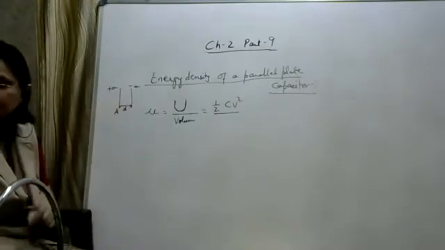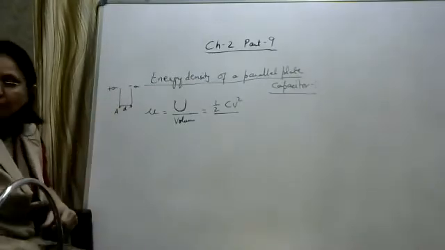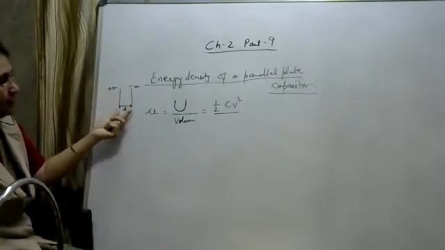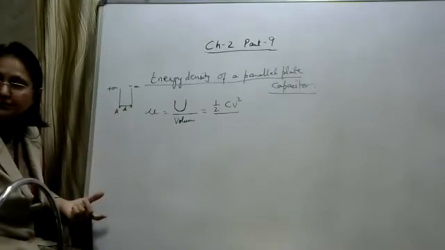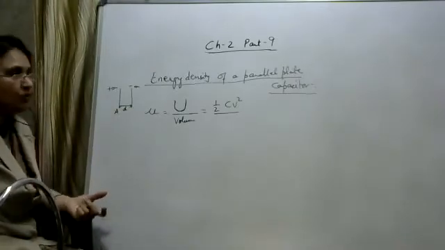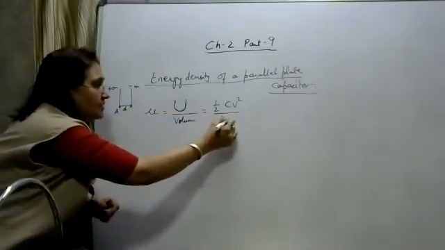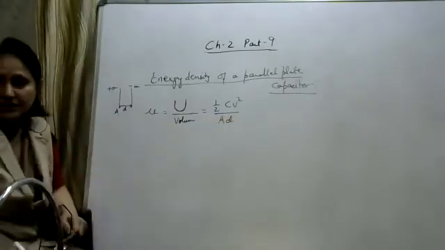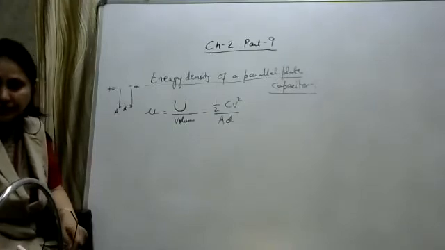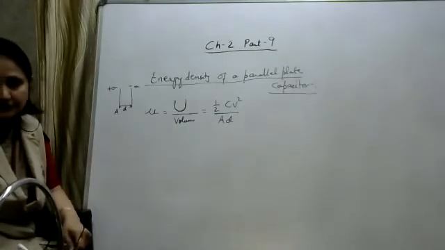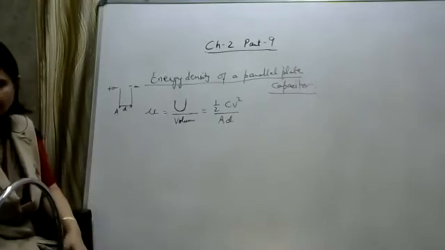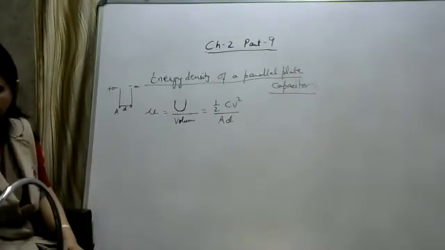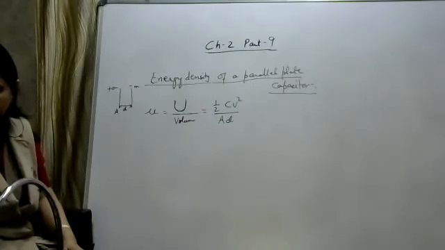Let the area of the plates be capital A. So what is the volume of this capacitor? Volume will be equal to the area of the plates into the distance between the two plates. So the volume of the capacitor is A into D, where A is the area of the plates and D is the distance between the plates.